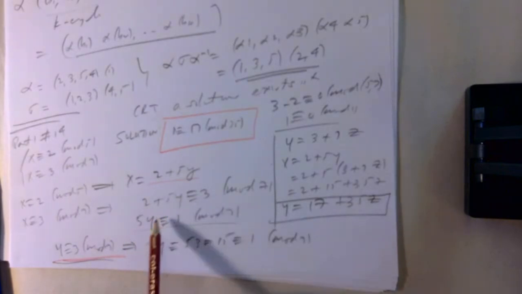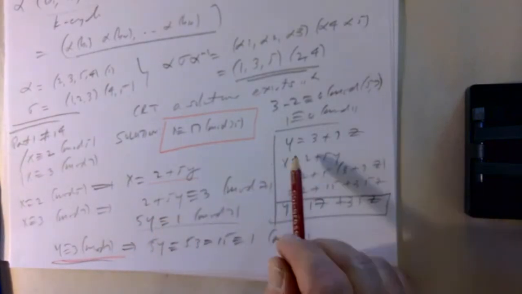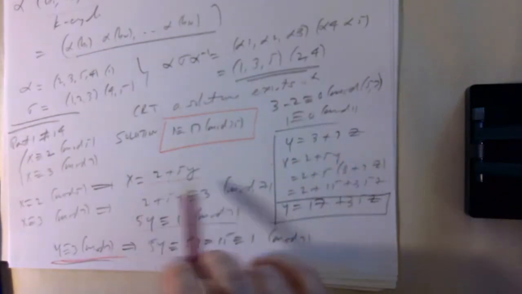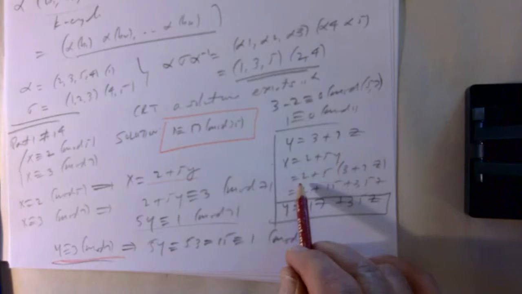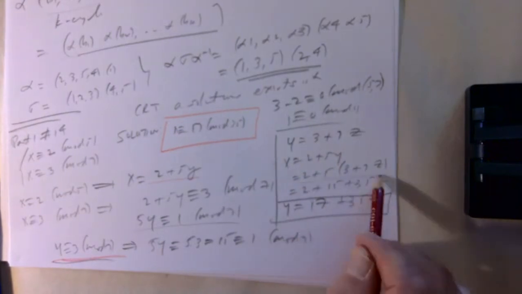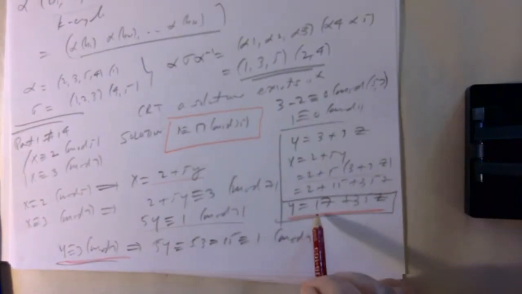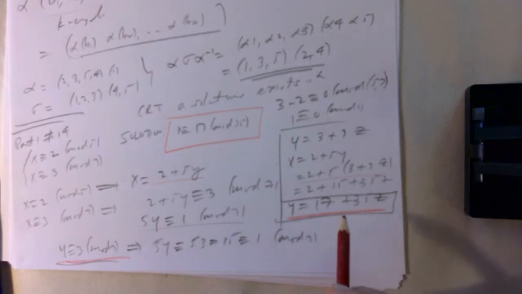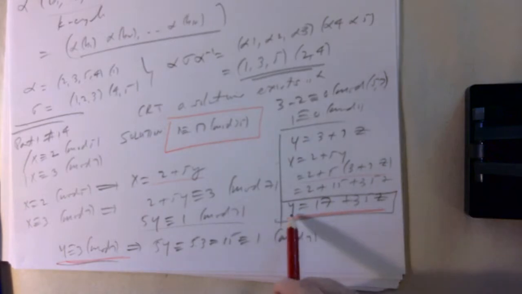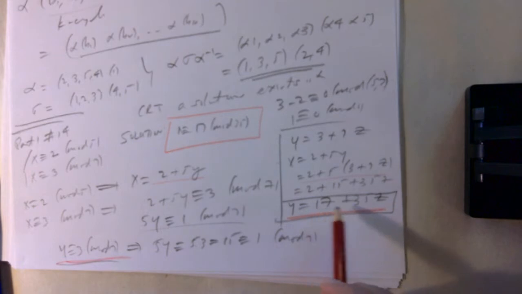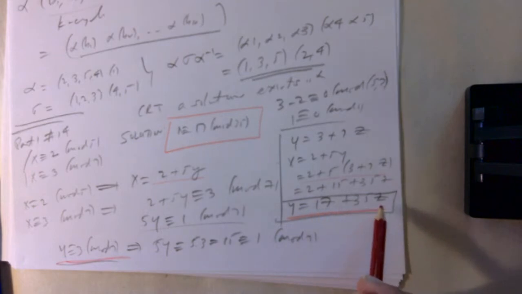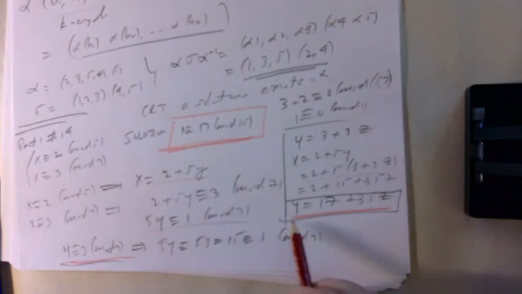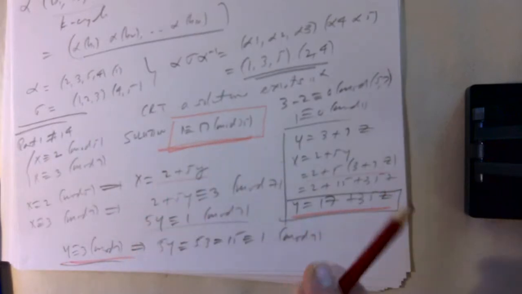So the solutions of this congruence are all numbers of the form 3 plus 7z. And so x, which is 2 plus 5y, is any number of the form 17 plus 35z. The set of all numbers of the form 17 plus 35z is the definition of the congruence class. That is all x which are congruent to 17 modulo 35.